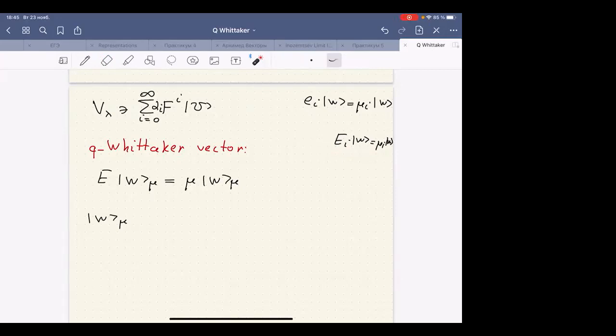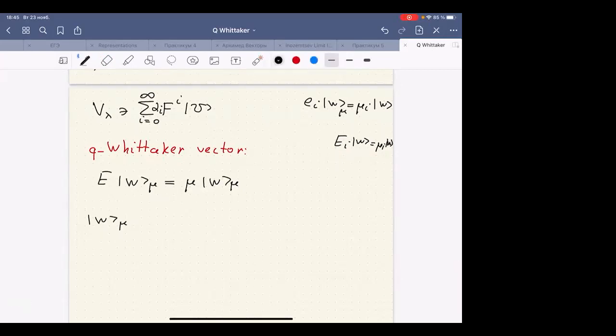There is one Whittaker vector in higher rank algebras, because actually you write the Whittaker vector with subscript mu. In the classical case, there is one vector for each mu_i, up to some scalar. You should fix a lot of mu's.